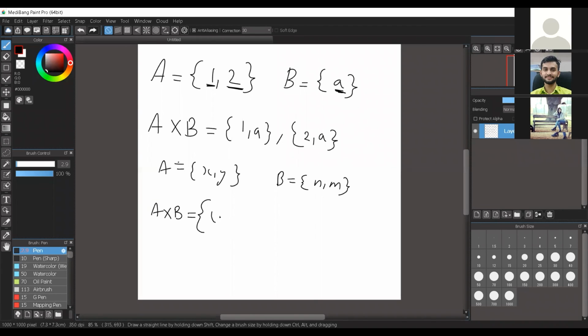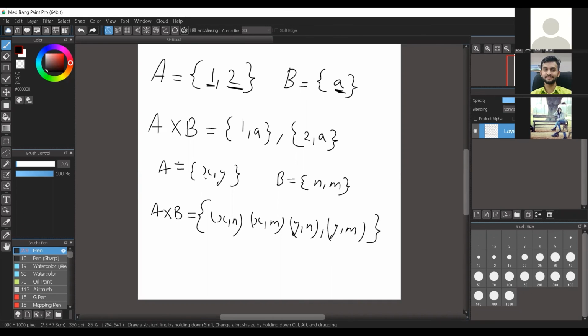That's going to be (X, N). Again the first set and the second, (X, M). Now we completed this. Now go to the second element, (Y, N), (Y, M). This is A complement B.